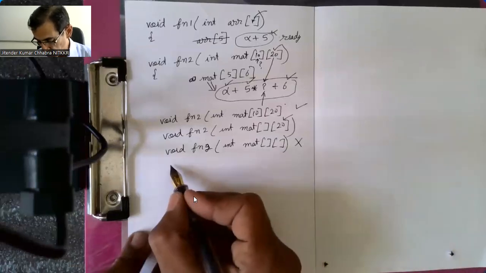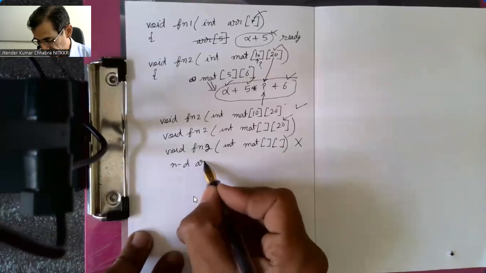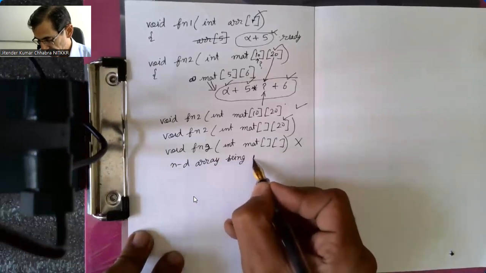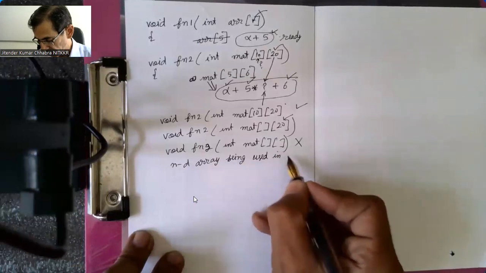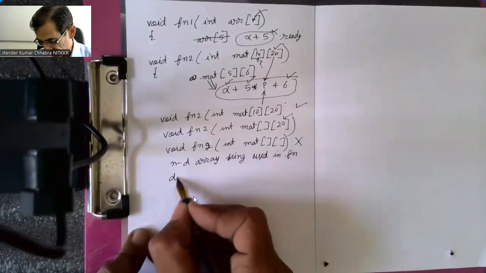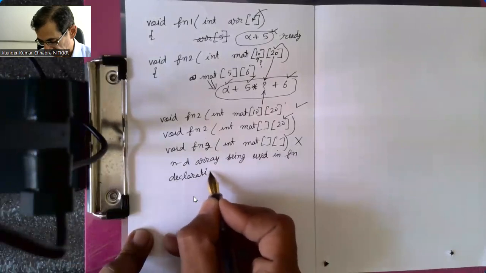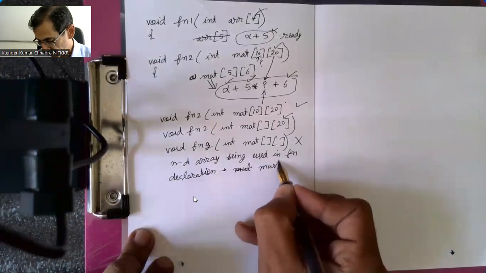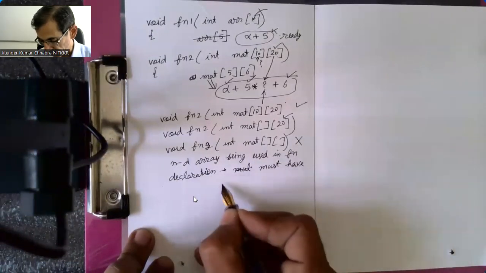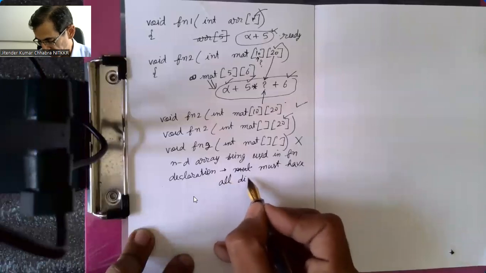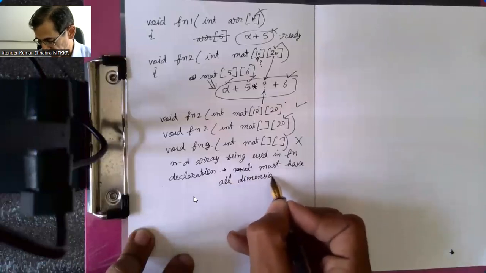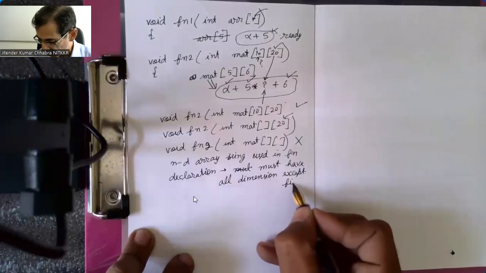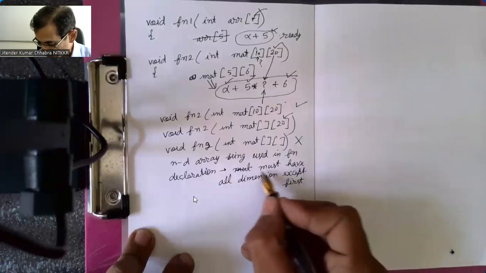So anytime you are passing an N-D array as a parameter, or an N-D array is being used in a function, if you are declaring the function, then the declaration must have all dimensions except the first. Because the first dimension, upper 0, is not being used, even if I don't supply that, it can work. If you supply the first dimension also, no problem, but the others are a must.